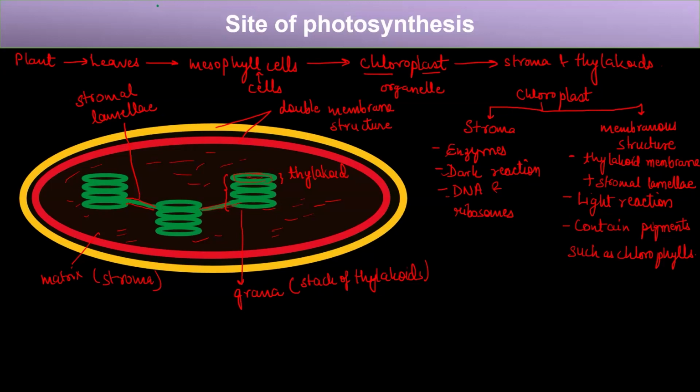In the chloroplast itself, there is a division of labor, because the light reaction takes place in the membranous structure, while the dark reaction takes place in the stroma. So we can write: in chloroplast, there is division of labor.